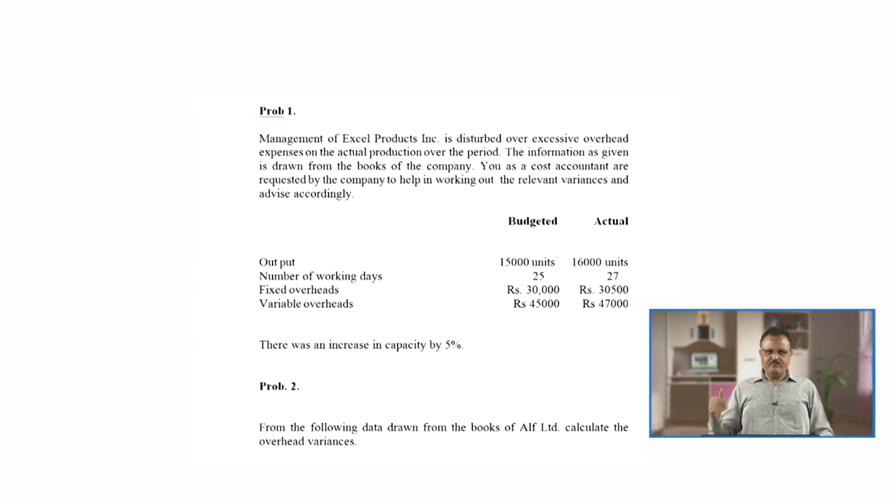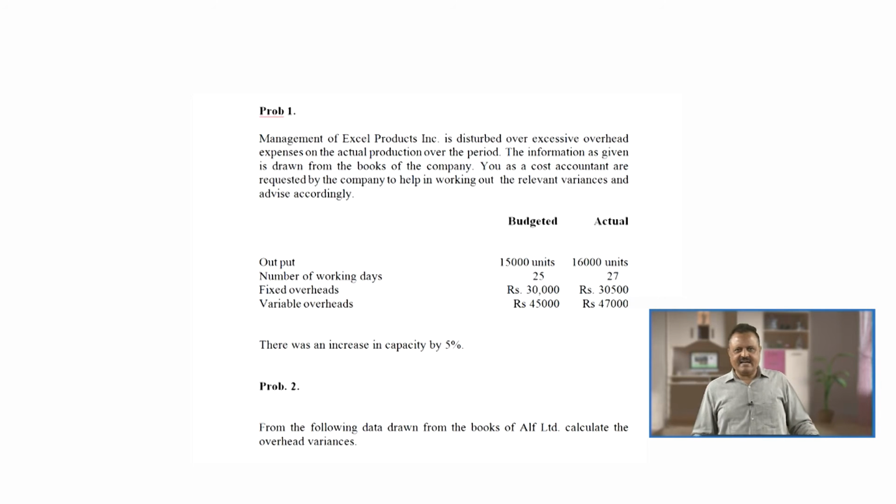We can calculate a number of variances, but I will only calculate three variances: total overhead cost variance for the first problem, and then the variable overhead variance and the fixed overhead variance, and then we will compare. As I told you, cost is a function of price and quantity. Here in these overhead variances, total overhead cost variance is a function of the variable overhead variance and the fixed overhead variance.